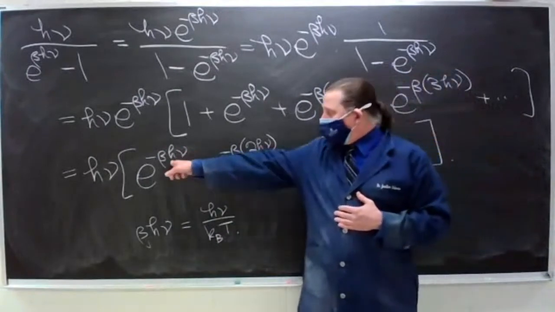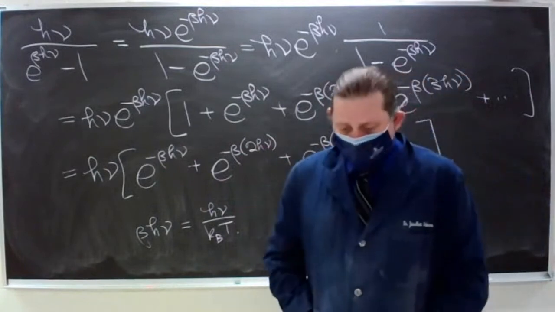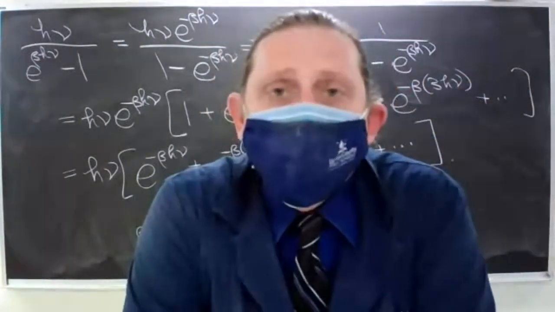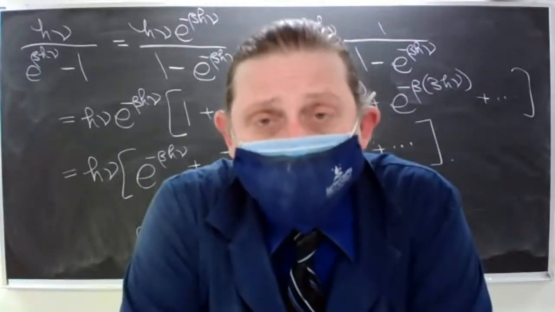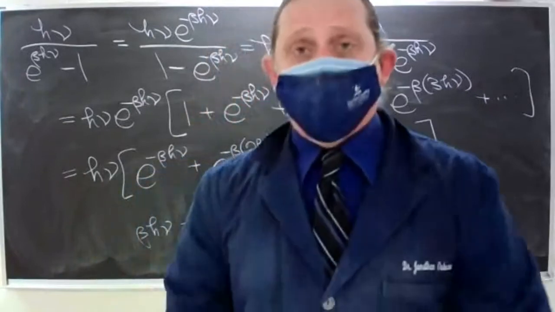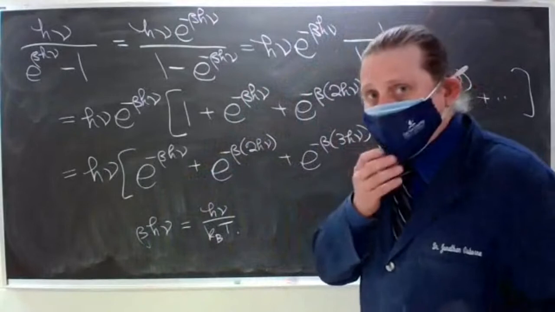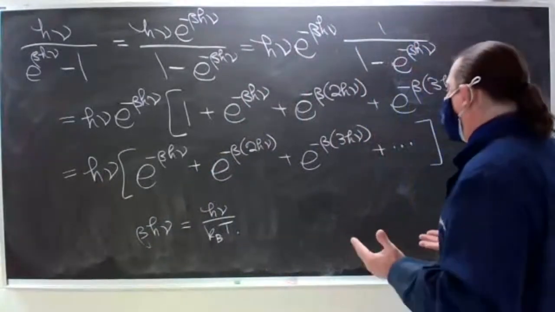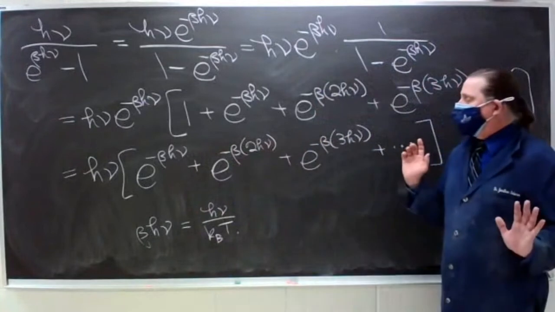So these represent 1 photon, 2 photons, 3 photons, and you can't really have electromagnetic waves of frequency nu be excited in a non-integral multiple of h nu. Now, we only looked at this for large nu.